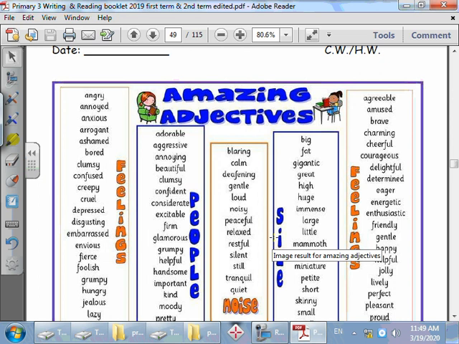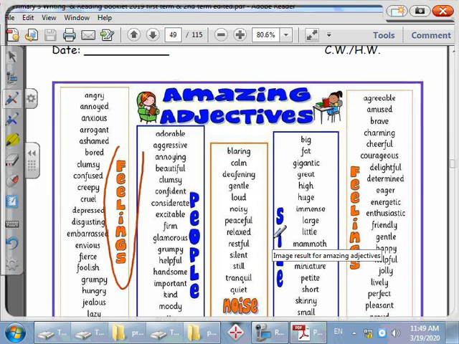So if you're talking about feelings, you could choose one word from here. Angry, annoyed, anxious, like worried, arrogant, ashamed, bored, and so on when you talk about feelings. When you talk about people, I say adorable, aggressive, annoying. Okay?